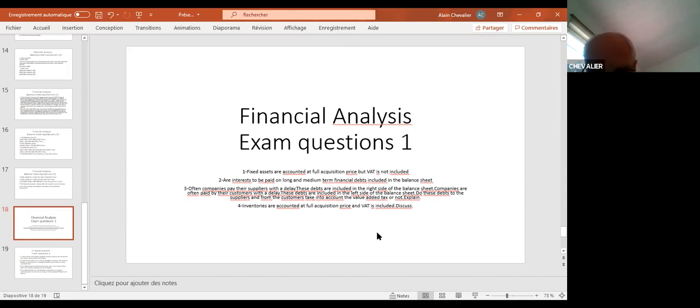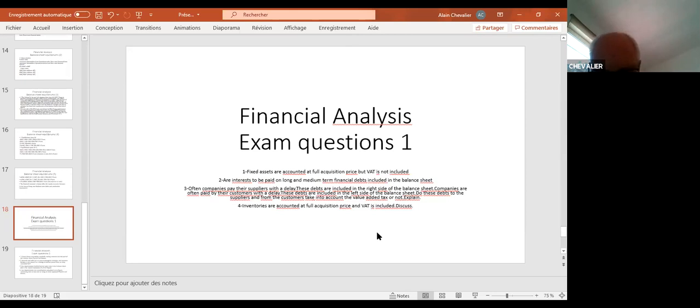So in this question 3, the interesting part is that all these invoices between firms are taken into account at the balance sheet level as receivables and payables with VAT included. Then this is an exception in the design of the balance sheets.